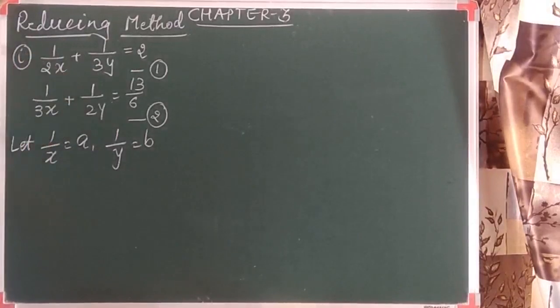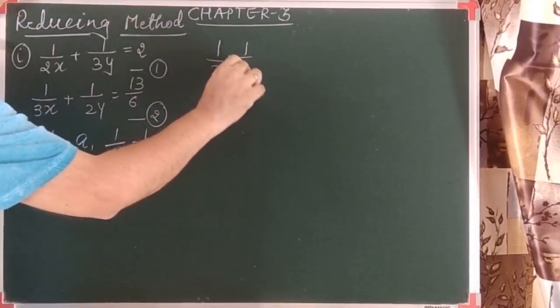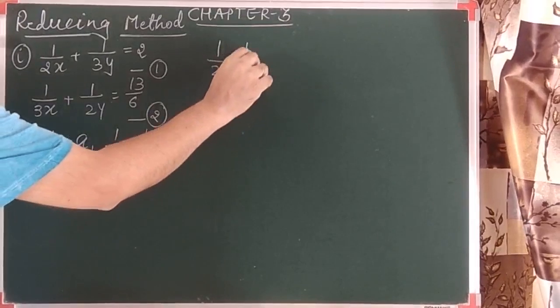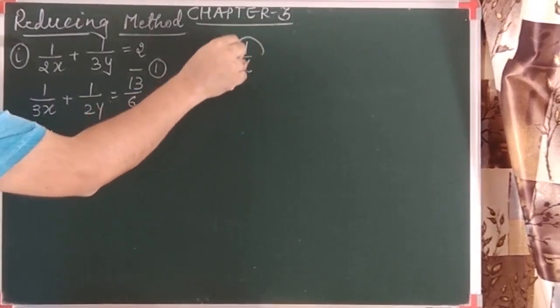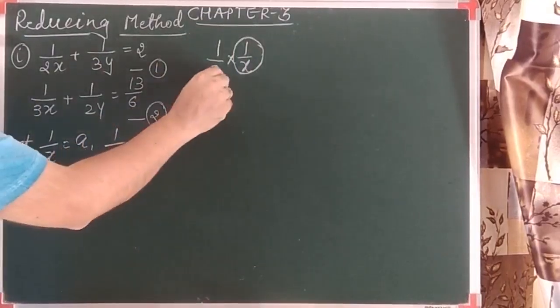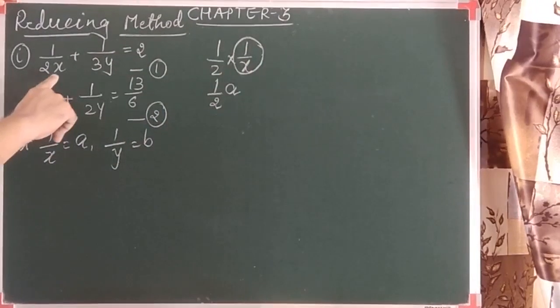See, 1 upon 2x should be written this way: 1 by 2 into 1 by x. As we discussed, 1 by x should be written as a. We cannot write 2a.